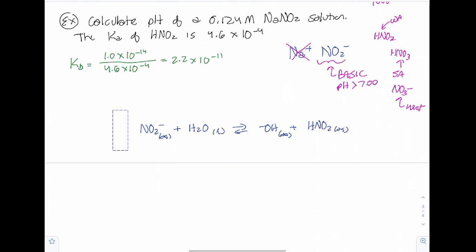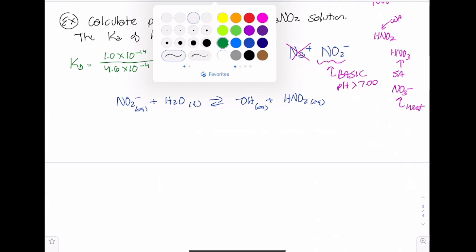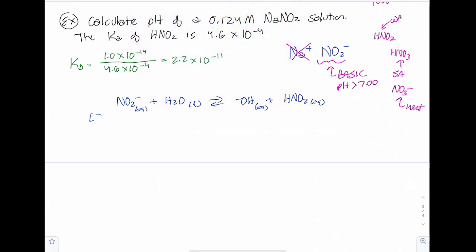I'm just going to move this up a little bit. So we're going to set up our ice table. You guys should be pros at these by now. So my initial concentration of nitrate coming from here, it is a 1-to-1 relationship. So if I have 1 sodium nitrite, I have 1 nitrate.